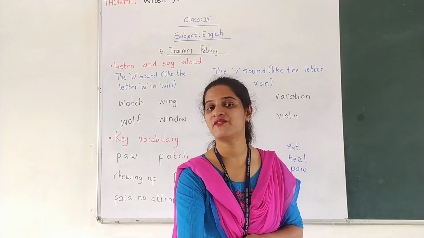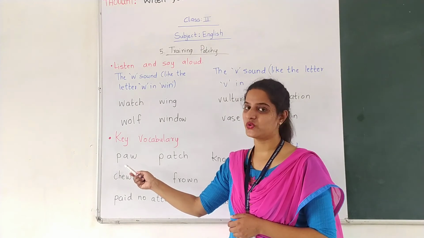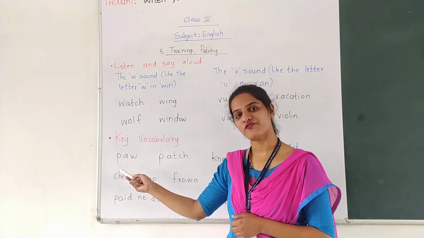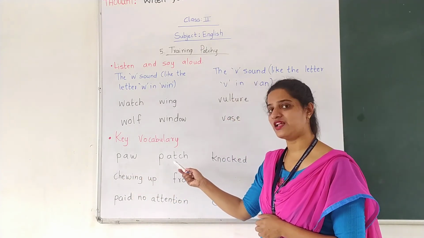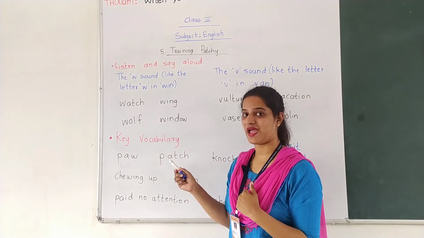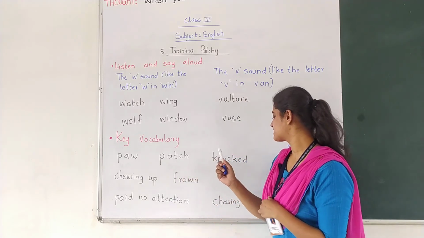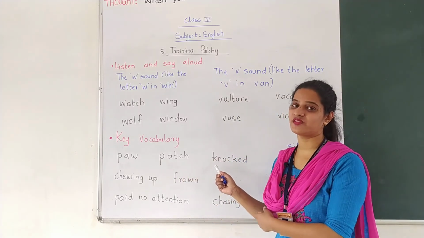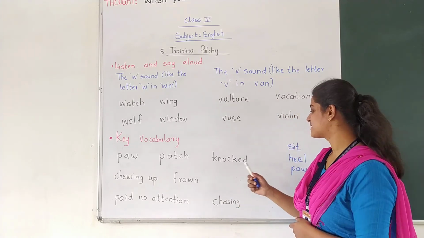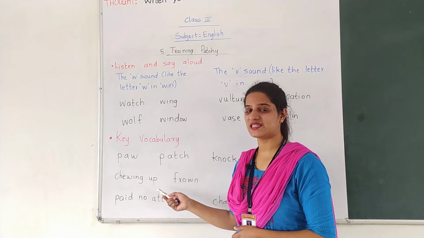Okay. Now what are the key vocabulary words that we saw today? Paw. I told you the meaning of paw, means a foot of an animal. Next, patch. We saw how Patchy was having a patch, means it is of a different color. Okay. Next, knocked. Knocked means to tap on the hard floor. Next was chewing up. Chewing up means to bite something.